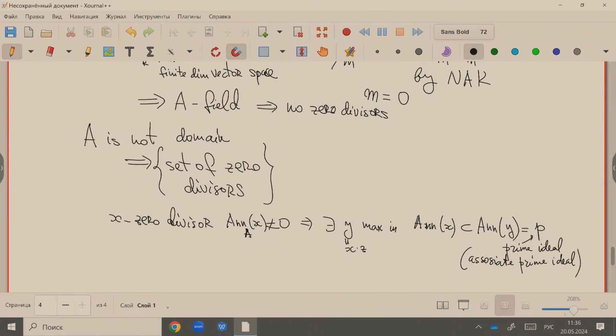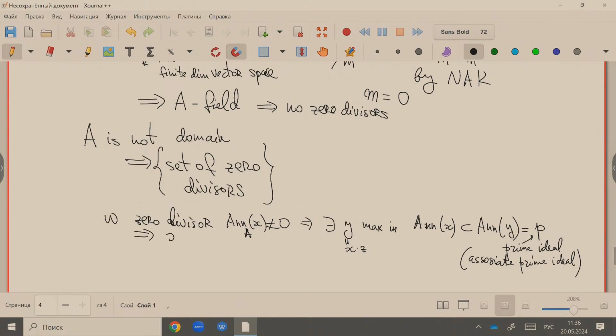Sorry, I wanted to say that not x. You start with some element. So W is a zero divisor.